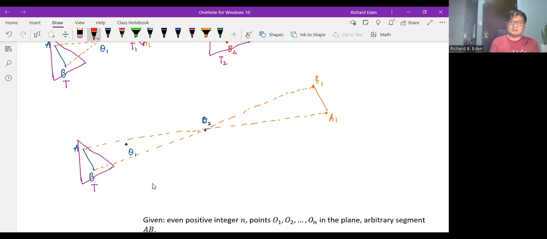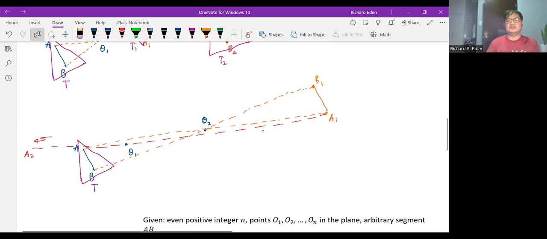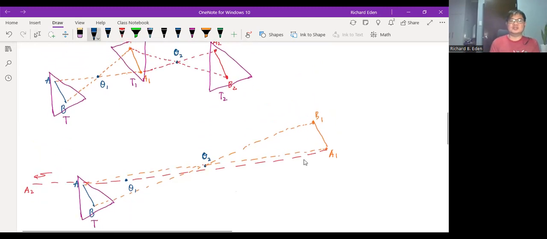Okay, but this time, when we connect to A1, there, the image A2 is still there. All right. So we know that the result of these two half turns is a translation, but it's a different translation.